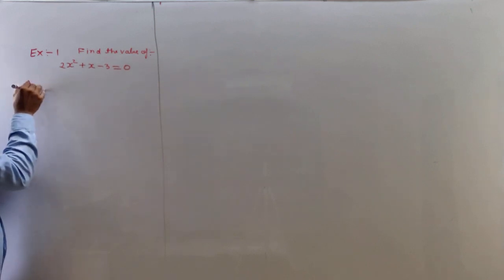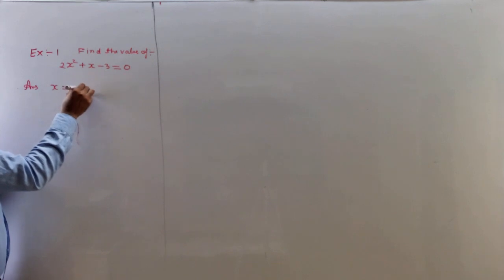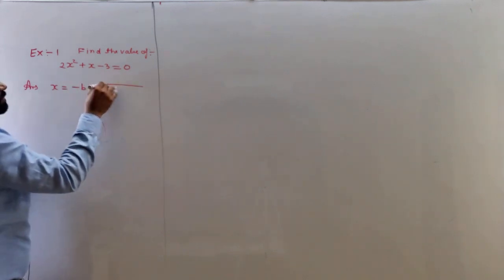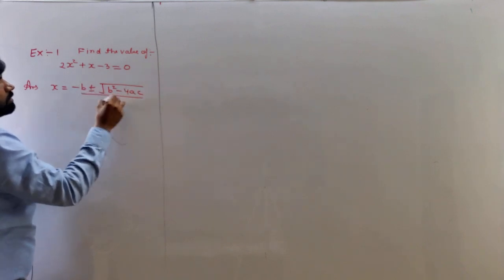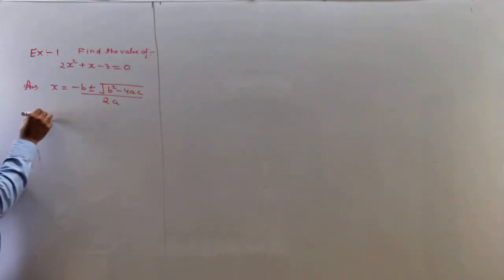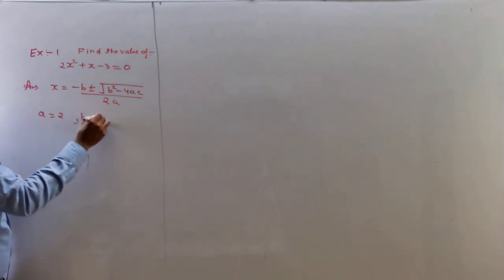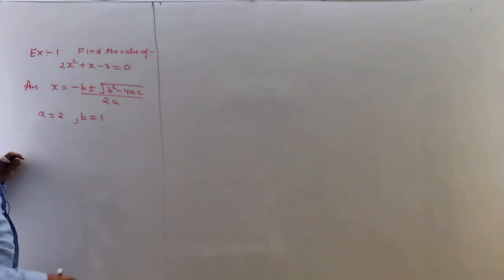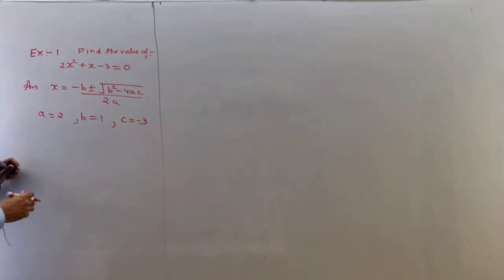Okay, so use the formula x = (-b ± √(b² - 4ac)) / 2a, where a = 2, b = 1, and c = -3.